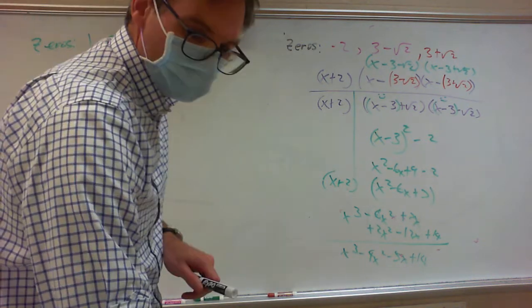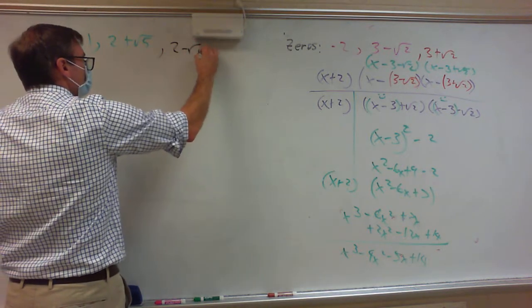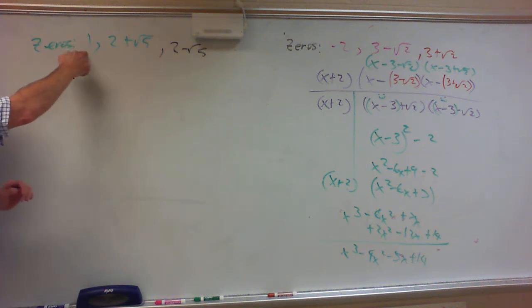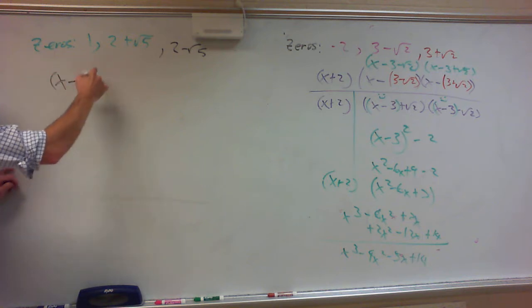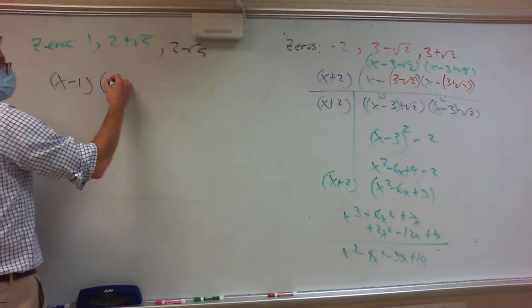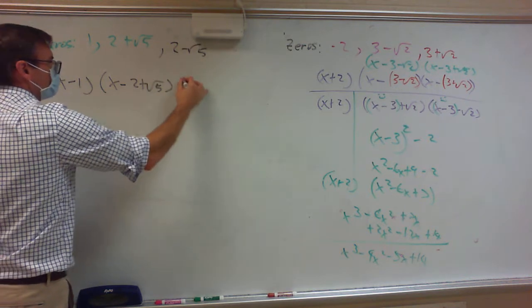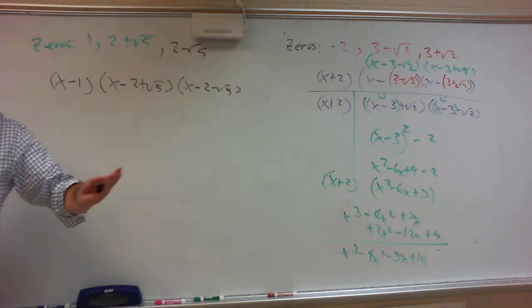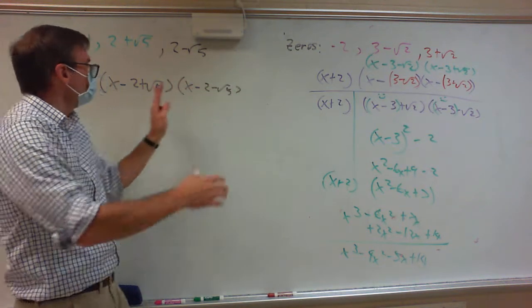Press pause. All right, so we get 2 minus the square root of 5. All right, so if we've got a 1, that's going to give me an x minus 1. This, I'm just going to go ahead and write down the x minus 2 plus the square root of 5. And then I end up with x minus 2 minus the square root of 5. Is everybody with me so far? We don't have to worry about the extra parentheses, we just do this.